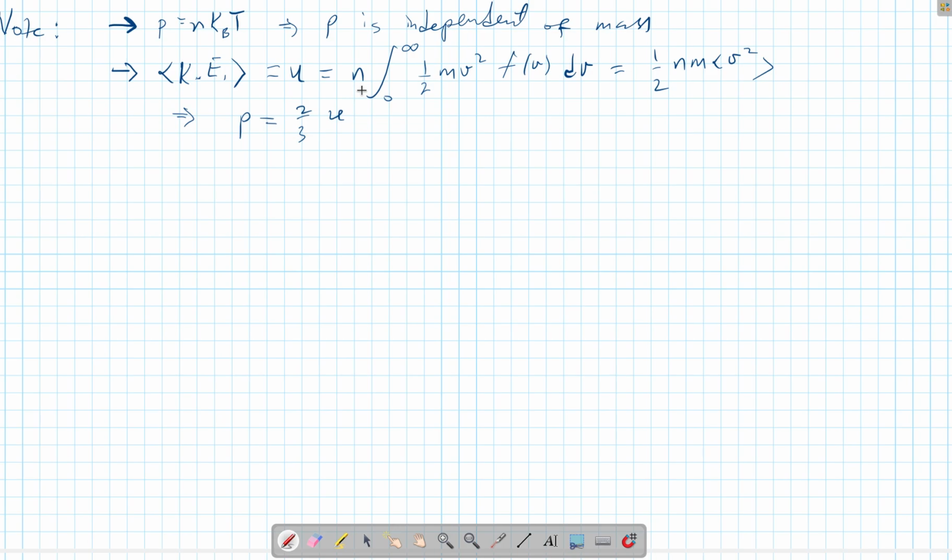Well, for a relativistic gas, this is going to be different, and this is a topic which is going to be addressed hopefully sometime later.